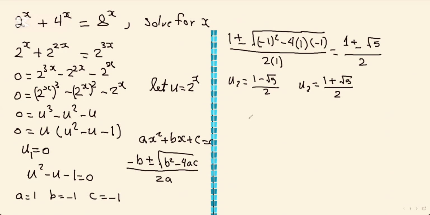So for u1, 2 to the power of x equals 0, and we have 2 to the power of x equals 1 minus root 5 over 2. And after that, we have 2 to the power of x equals 1 plus root 5 over 2.